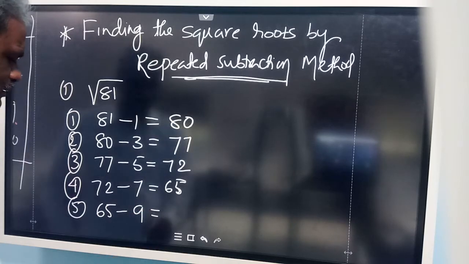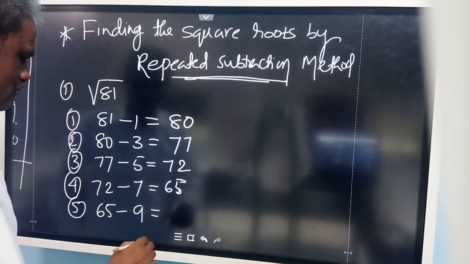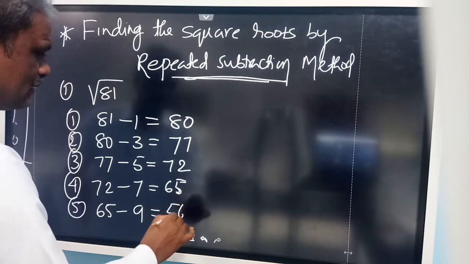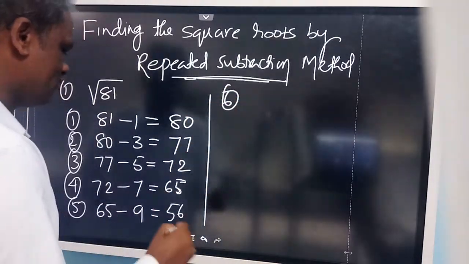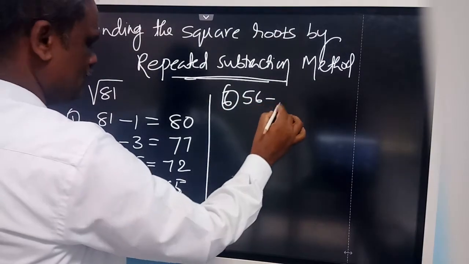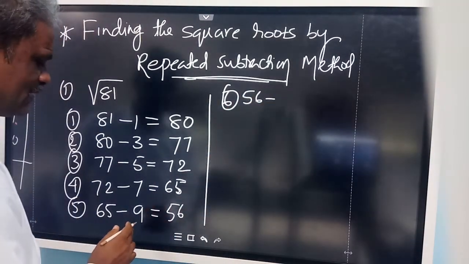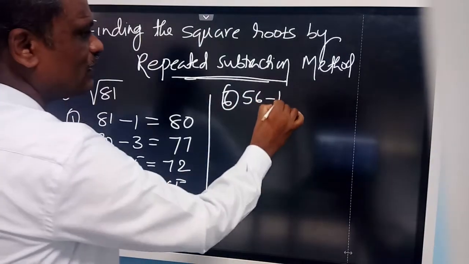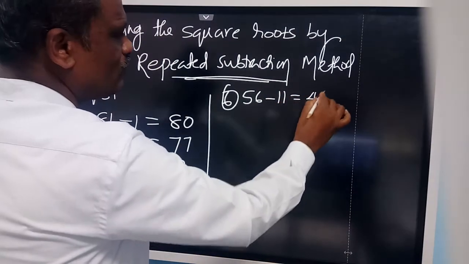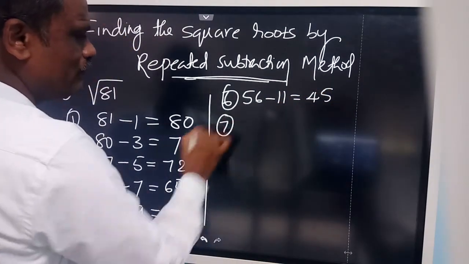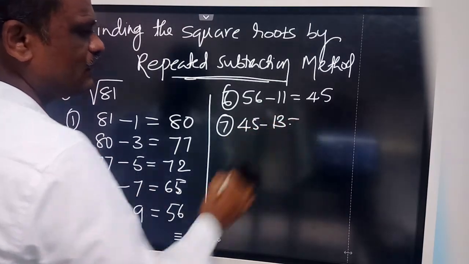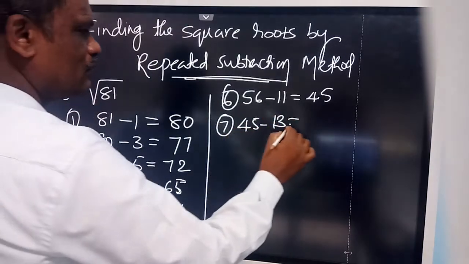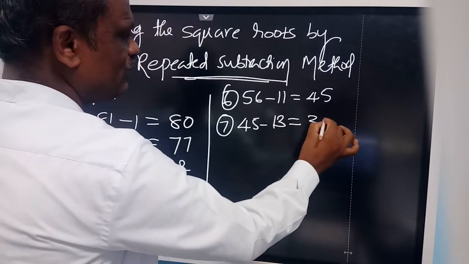What is the answer? 56. Next, the sixth step. 56 minus 11. If you subtract you will get 45. Seventh step. 45 minus 13. What is the answer? 32.